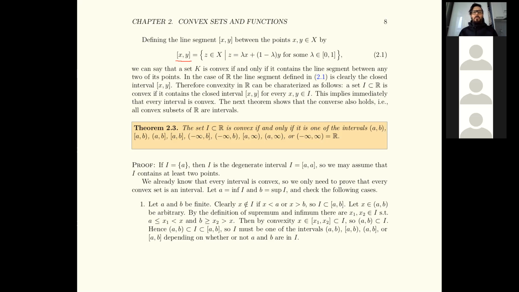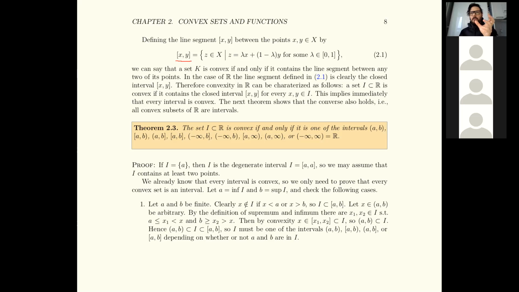Convexity can be characterized in real numbers in that exactly all the intervals are convex sets, and no other convex sets in the real numbers exist. So if we have a set of real numbers, where it's not vectors, it's just one number, the set of real numbers is our space now. Then a convex set is always one of the following.